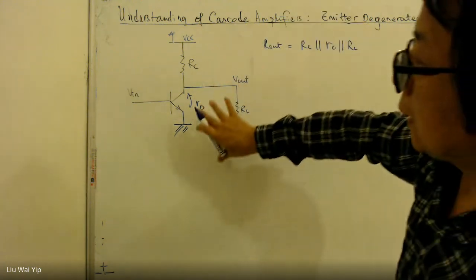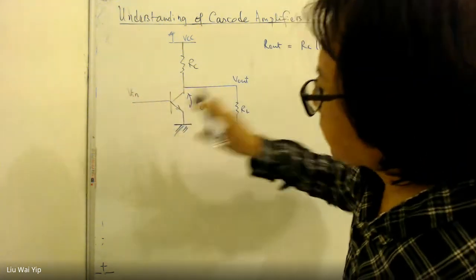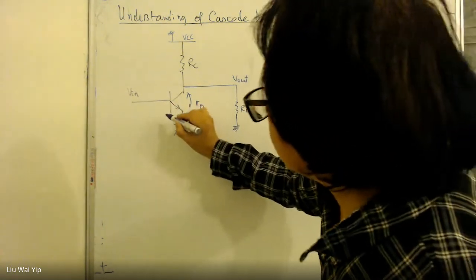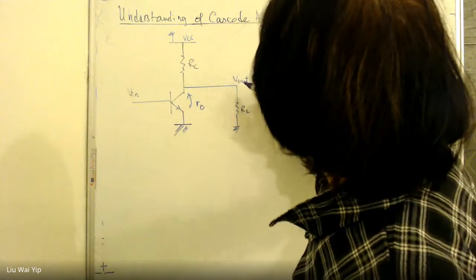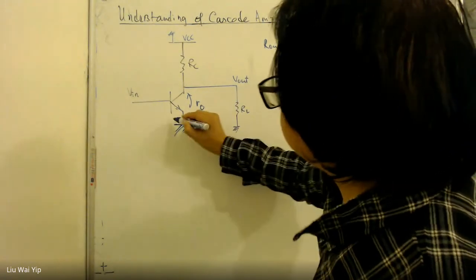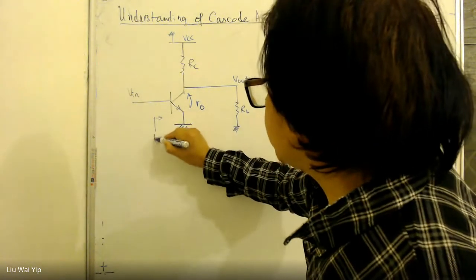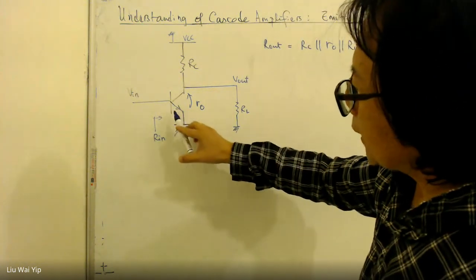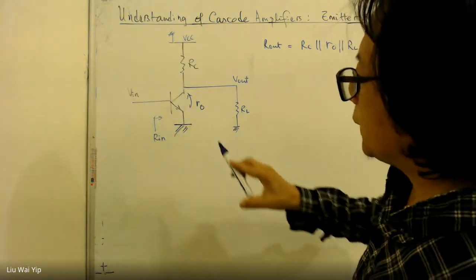And the voltage gain, the input resistance here will be the intrinsic R pi of this transistor.